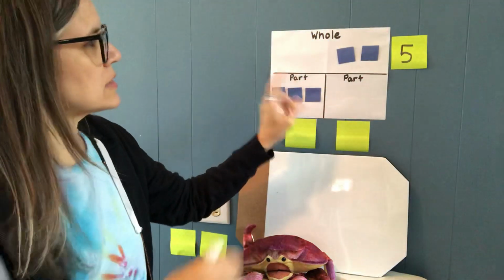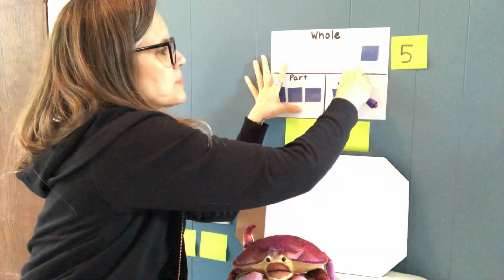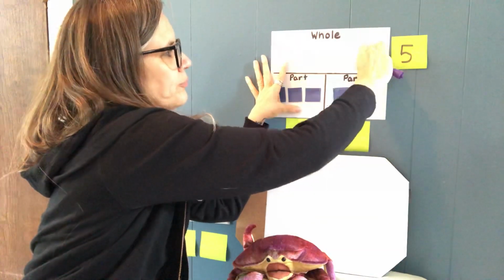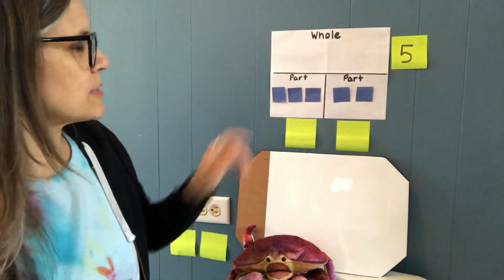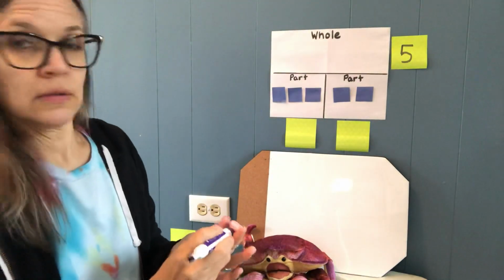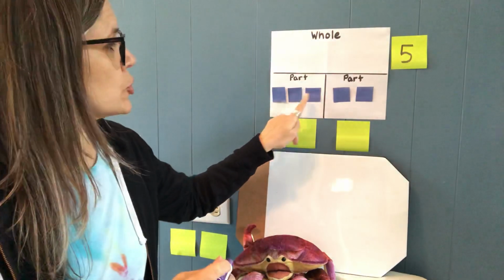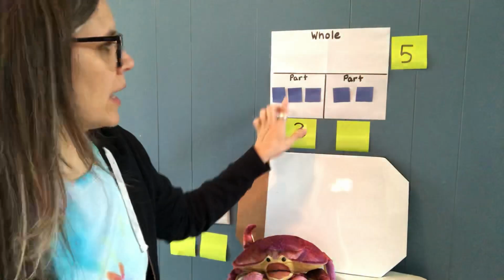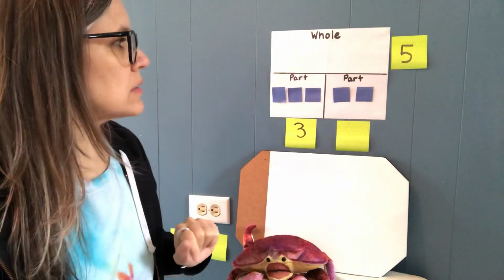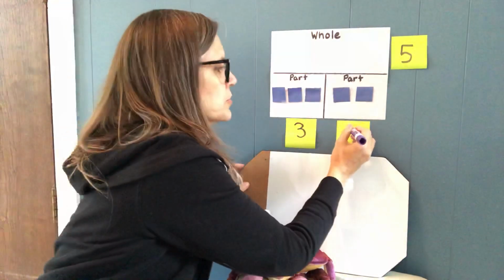There's one part. Now let's put this other part here. How many are in this part? 1, 2, 3. 3. Okay, now how many are in this part? 2.